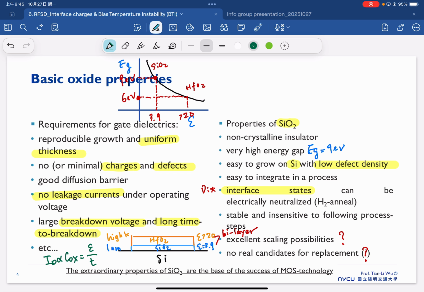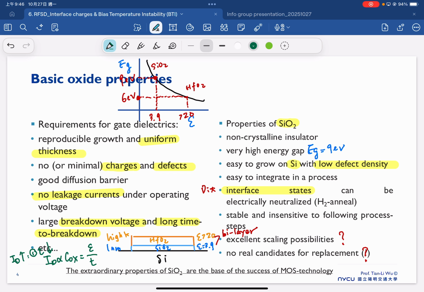So there are two possible ways to increase the current. One is to try to make our dielectric as thin as possible. That's what we call scaling. But if we continue to scale our SiO2, we will face the issue of very high leakage current, which we will talk about in the next chapter when we talk about TDDB.